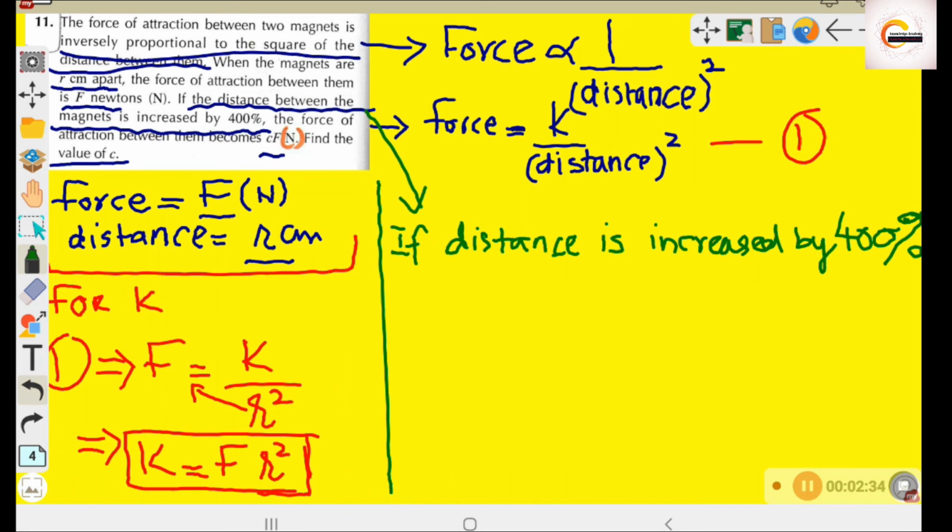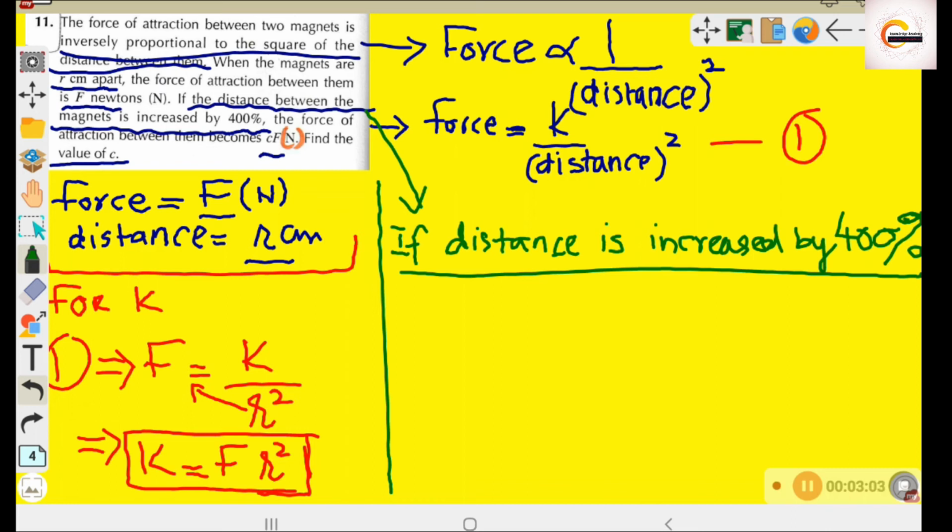The distance between the magnets is increased by 400%. I have explained very clearly and in detail how to calculate the percentage increase in exercise 1B advanced level. So I want you to go through it again if you did not understand how to calculate the percentage increase.